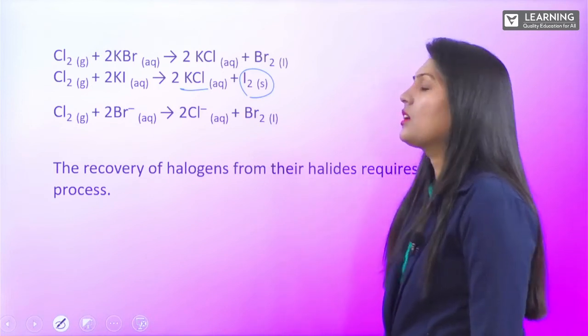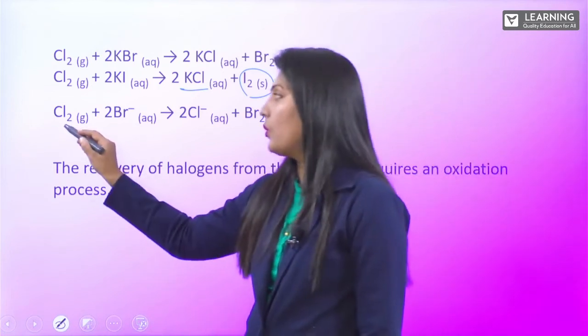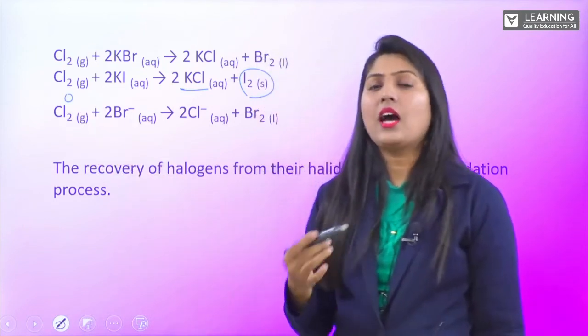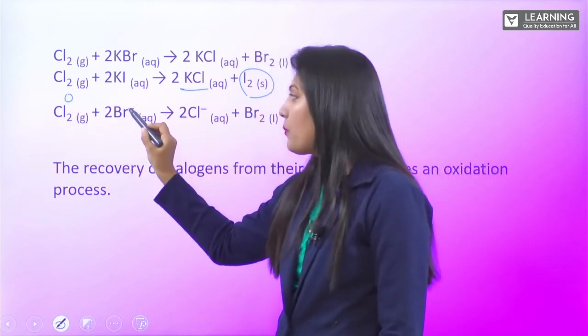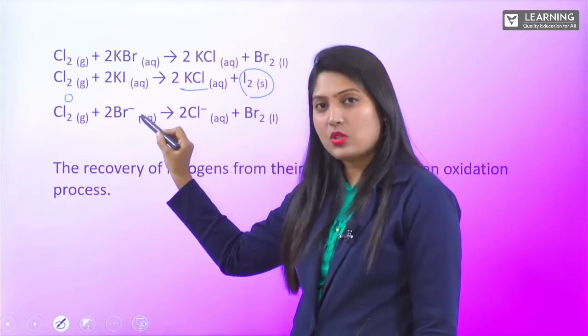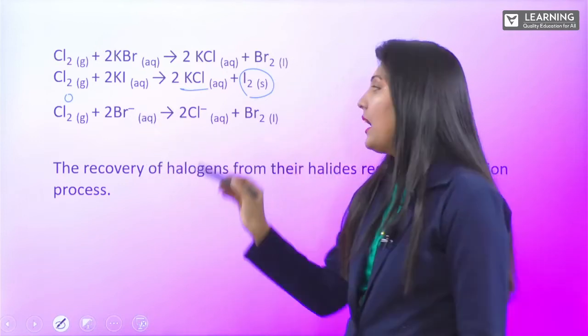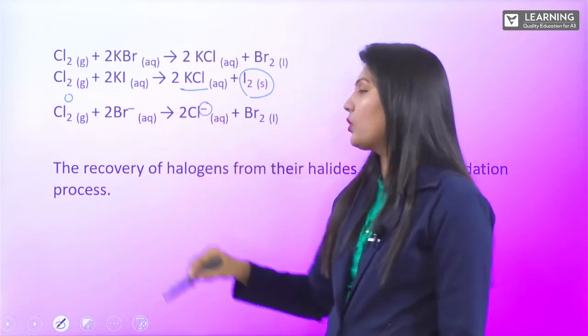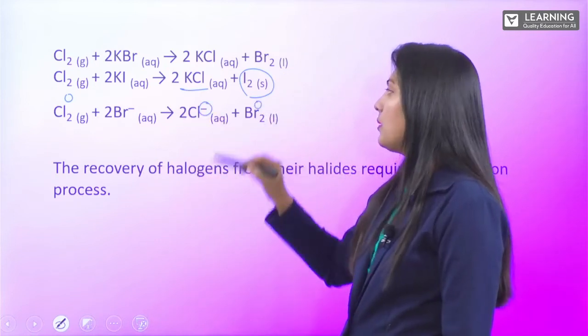When you take the ions, chlorine is in an elementary form, bromine is in an ionic form. So bromine will have one electron extra in its atom, which will be gained by chlorine. We get -1 for chlorine, where 0 for bromine.